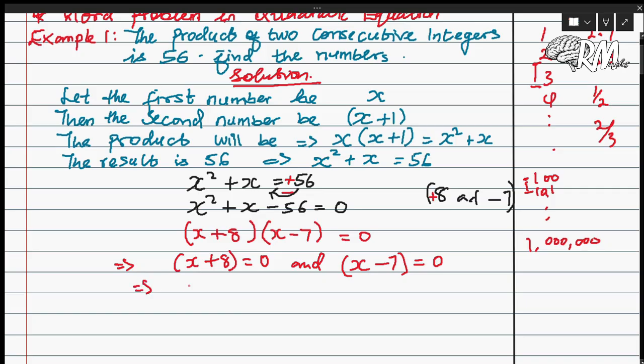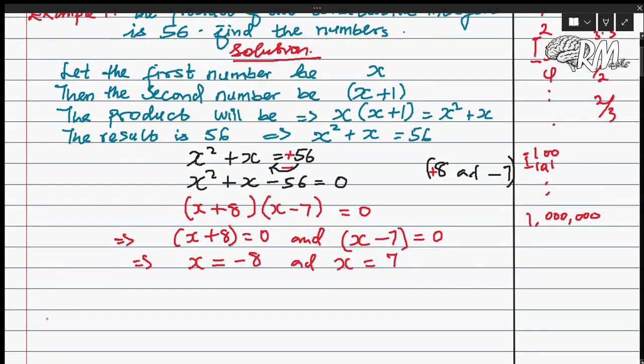And finally I have x. Remember, when plus 8 is going to that side, it changed to minus 8. So x equals minus 8 and x equals 7. Now we go back to the question, which says the first number is x, and the second number is x plus 1.